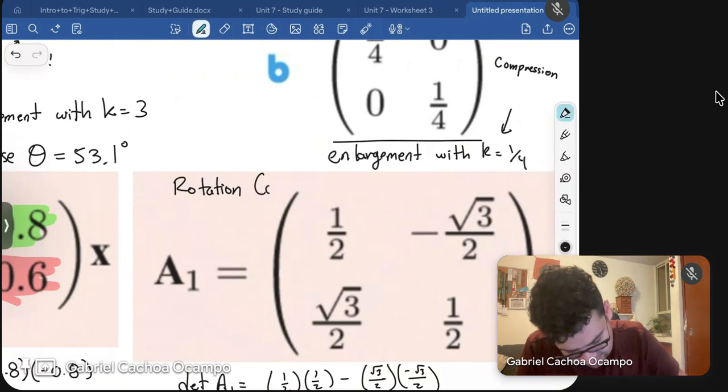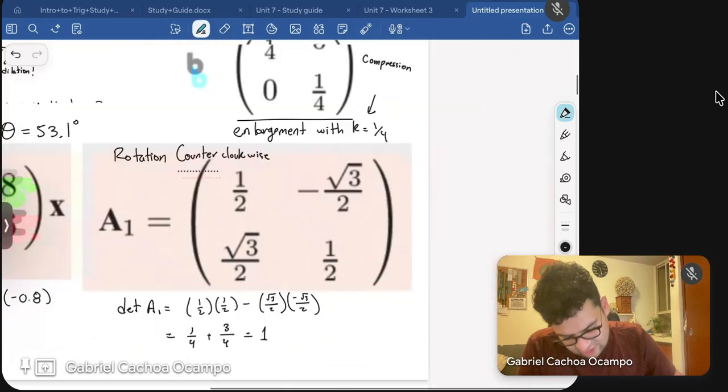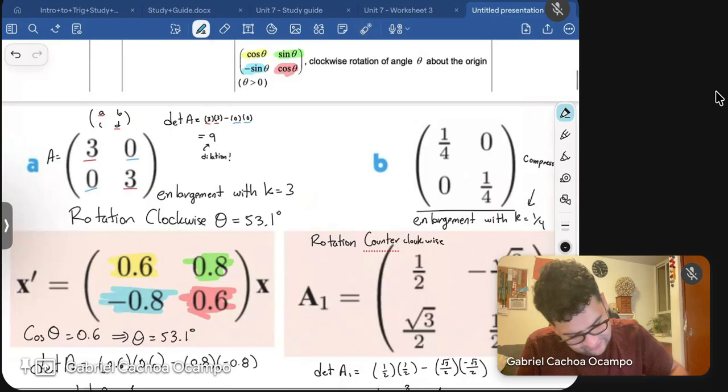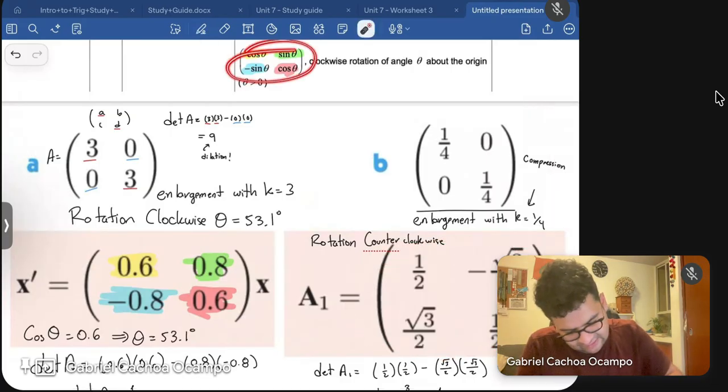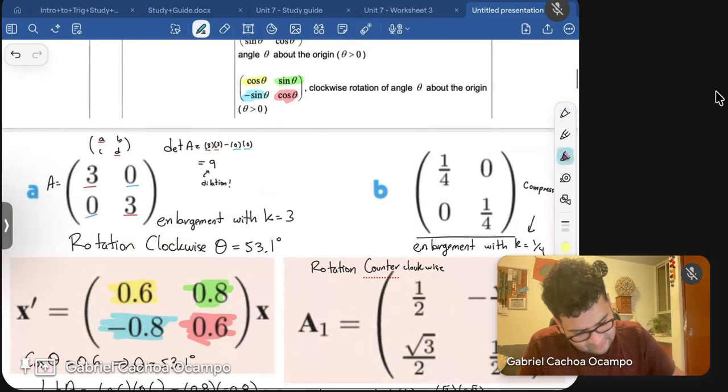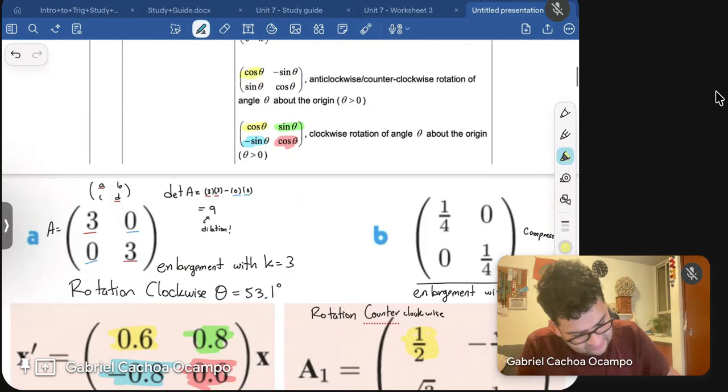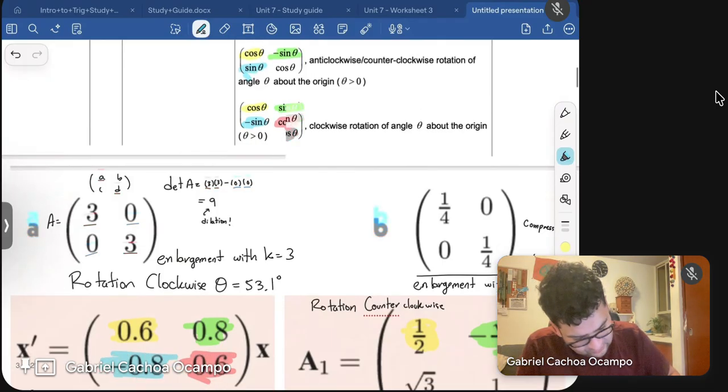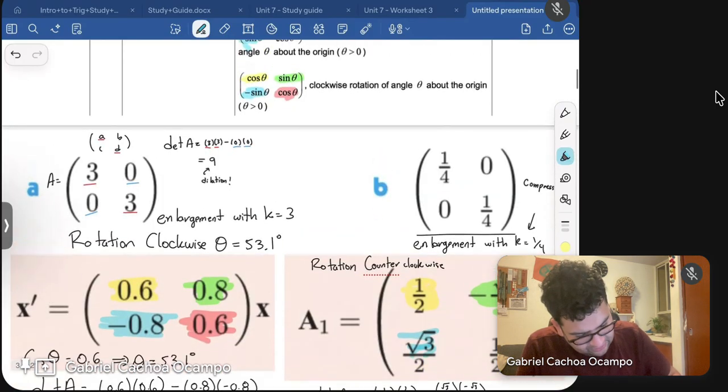This is a counterclockwise rotation. And if I match this with this formula, for example, this yellow one goes with this yellow one. This green one goes with this green one. This blue one goes with this blue one. And so on, the red one goes with the red one.